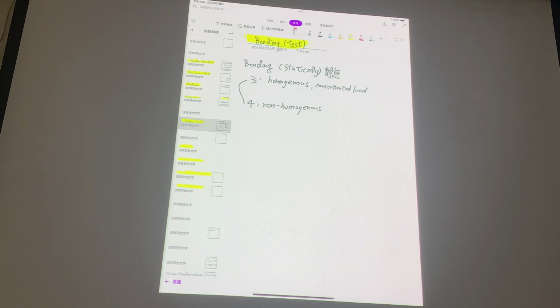And 4-point bending, you have a larger region to do your 4-point bending. So this is to avoid premature failure. So this is important.